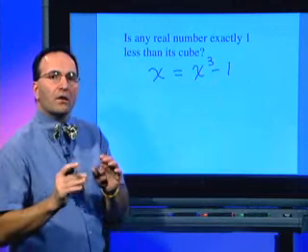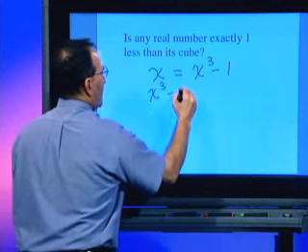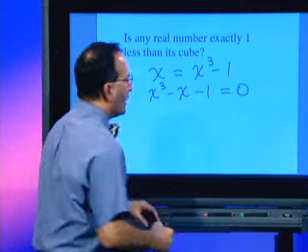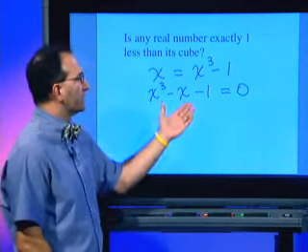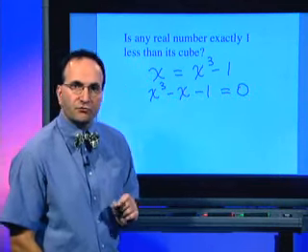Okay, well, let's get this now in the form x cubed minus x minus 1 equals 0, because that's what we would have to solve in order for us to have a value of x for which this is true.